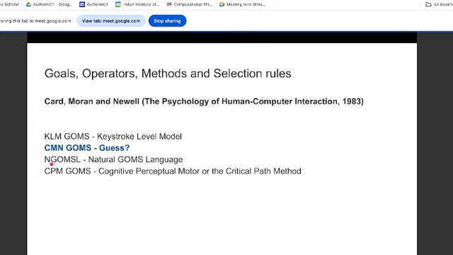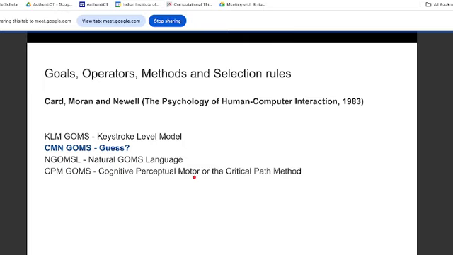Next is the NGOMSL. This is about the natural GOMS language, a natural model of goals, operators, methods, and selection rules, and it integrates language within it. Then there is CPM GOMS. It is about the cognitive perceptual motor model. There are two different ways in which the acronym is formed.